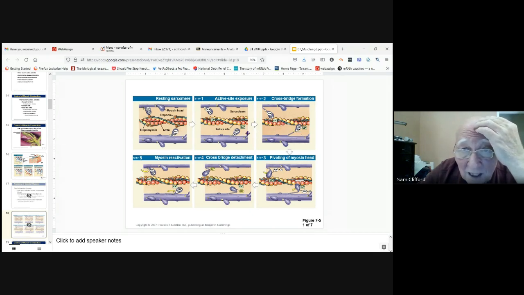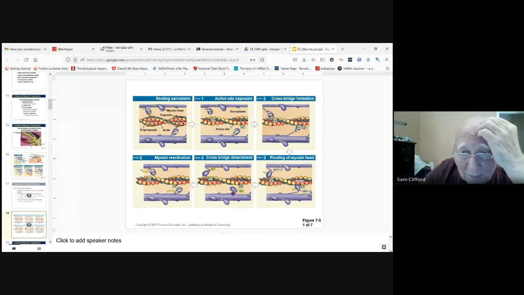tropomyosin. The energized myosin heads, ATP, has bound to the myosin heads and dissociated into adenosine diphosphate and phosphate, and with the calcium allowing the myosin heads to attach to the binding sites on the actin, the myosin heads move forward, ratchet or pivot toward the center of the sarcomere that pulls in the actin fibers.